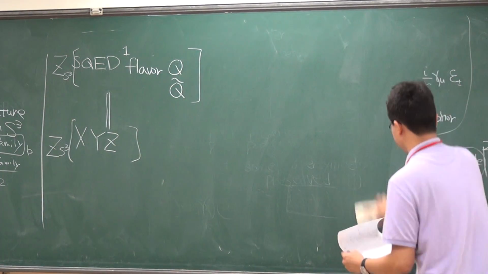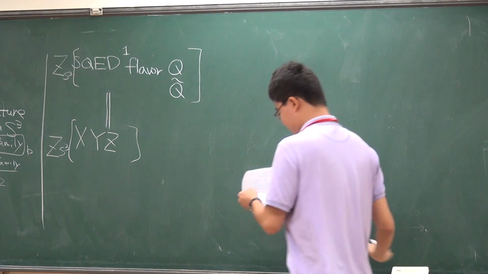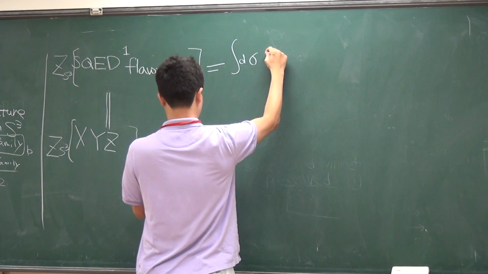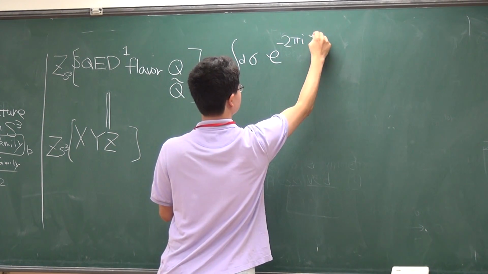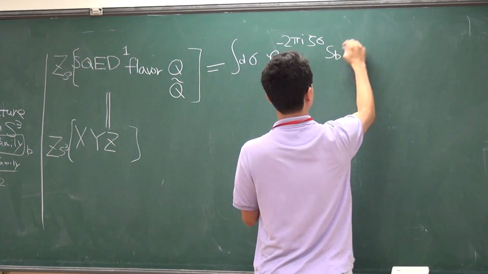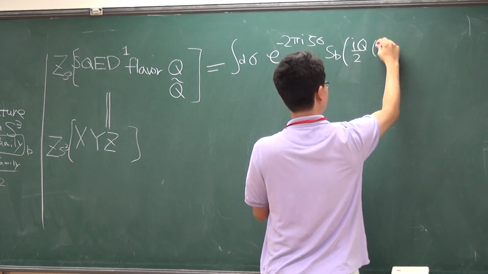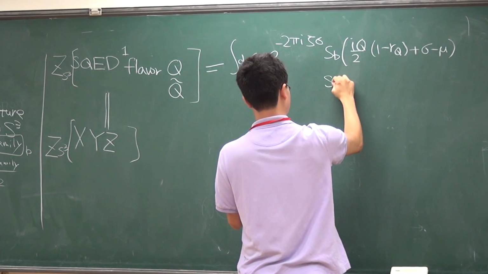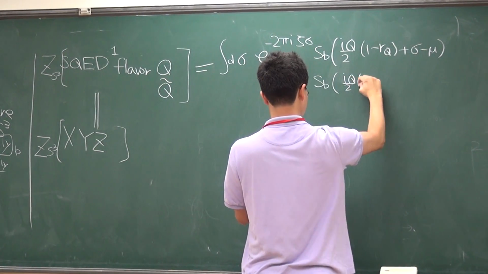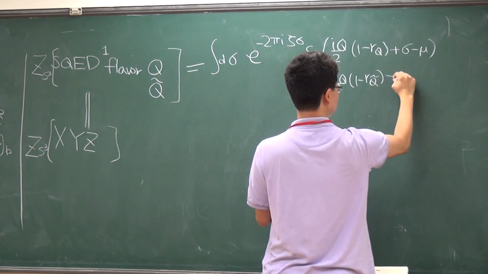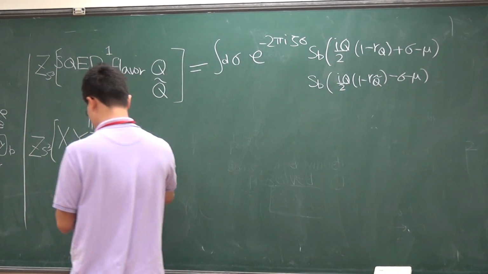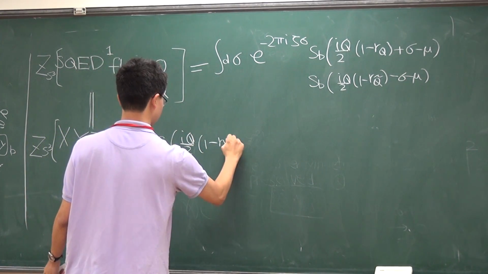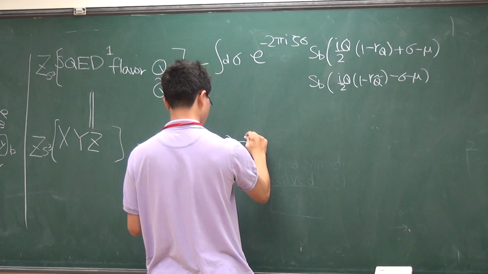So how does it look in this particular example? In this example, it looks like the integral over sigma of exponential 2 pi i, and I'm going to explain the notation from here. 1 minus R cubed, IQ over 2, 1 minus R2 tilde, minus sigma minus B. And this expression is IQ over 2, 1 minus Rx, plus minus 2 mu.